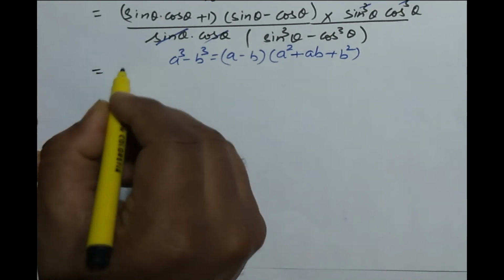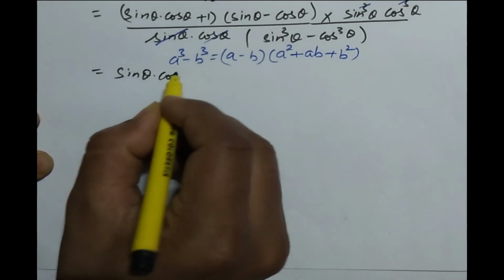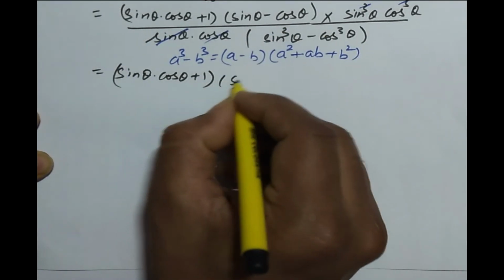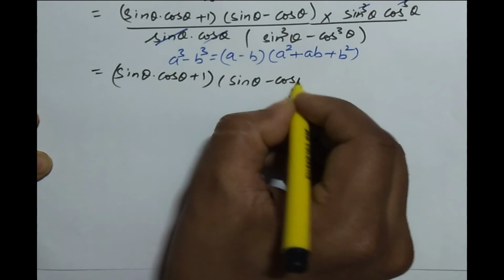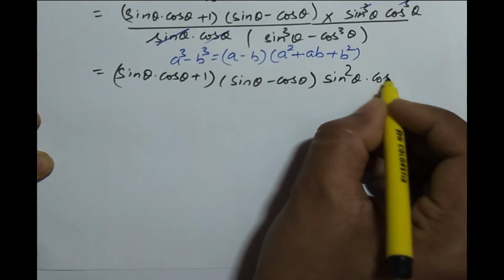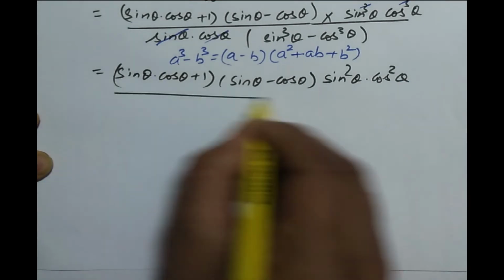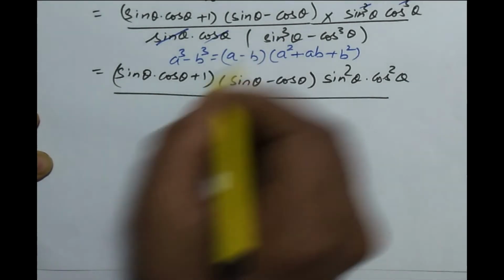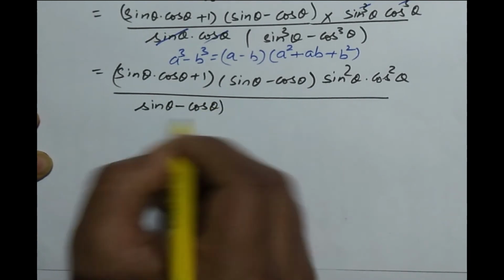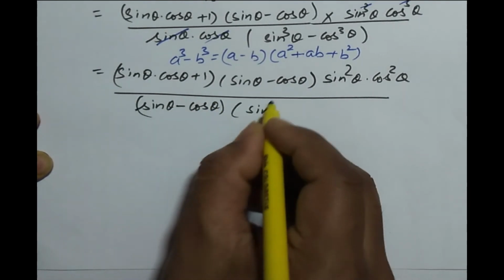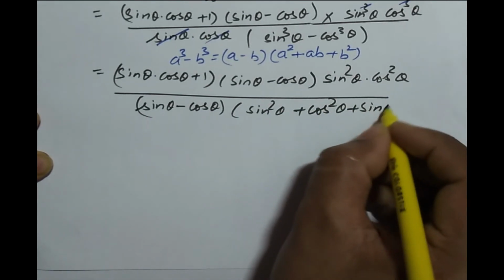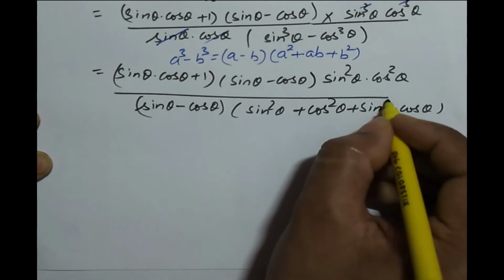This is sine theta into cos theta plus 1, and this is sine theta minus cos theta, and here it is now sine square theta into cos square theta. Now we apply the identity, so it will become sine theta minus cos theta, sine square theta plus cos square theta plus sine theta into cos theta.